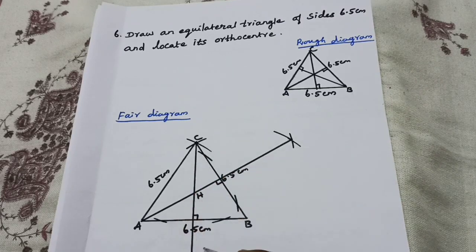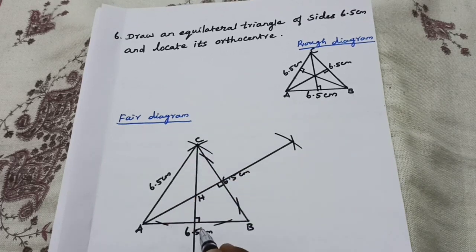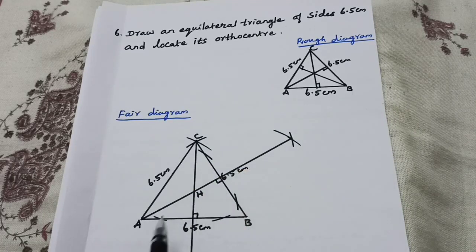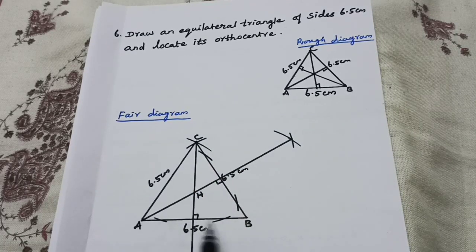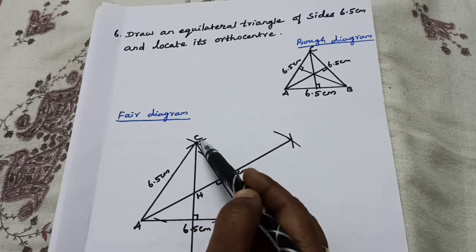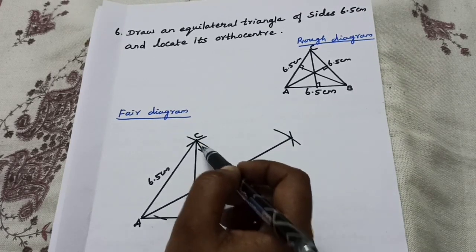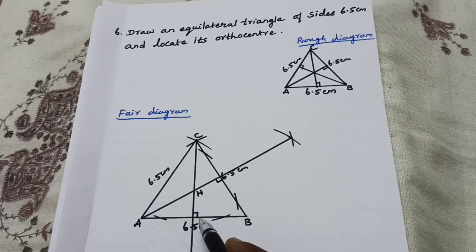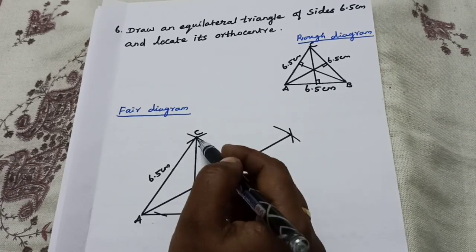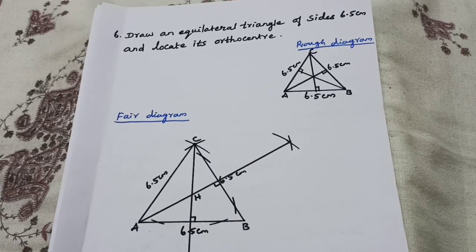This is a perpendicular line, so it will be 90 degrees. This is the base, and from C to AB is the maximum height. This is the altitude. Have you understood?